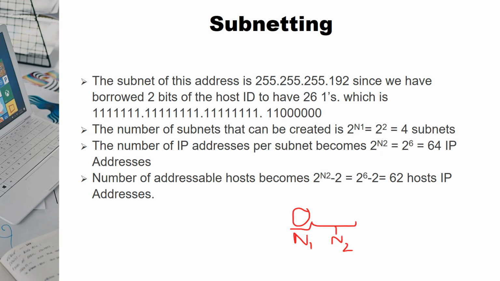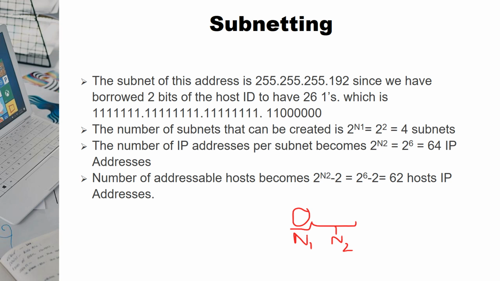So our number becomes 2 to the power of 6, which is 64 IP addresses. Then the number of addressable hosts is 2 to the power of n2 minus 2, so 2 to the power of 6 minus 2 equals 62 hosts. We have removed the first address, which is the network address, and also the last address, which is the broadcast address.